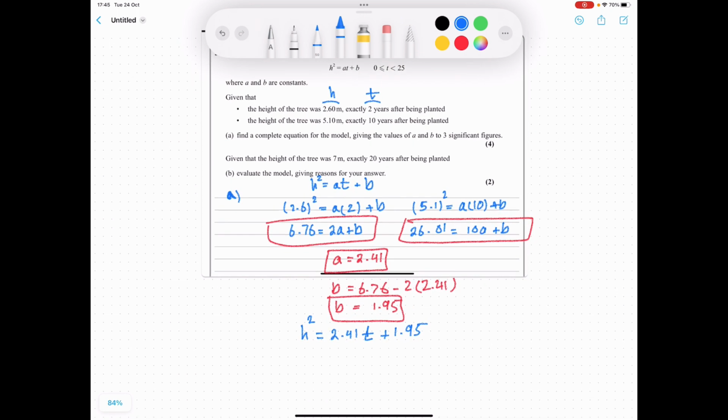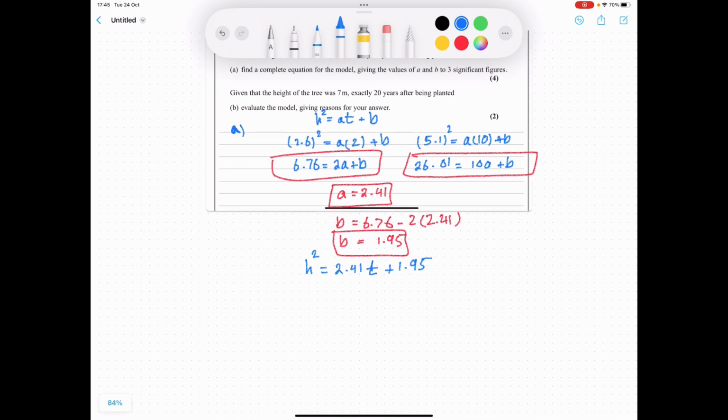In part B, it says, given that the height of the tree was 7 meters exactly 20 years after being planted, evaluate the model giving reason for your answer. When it says exactly 20 years after being planted, that means t is equal to 20.